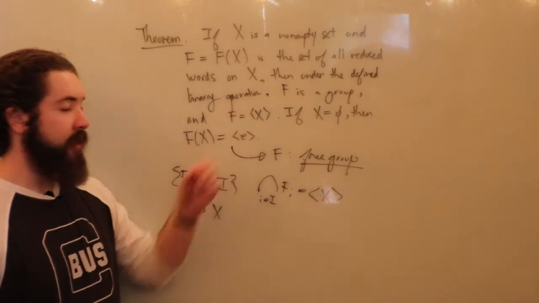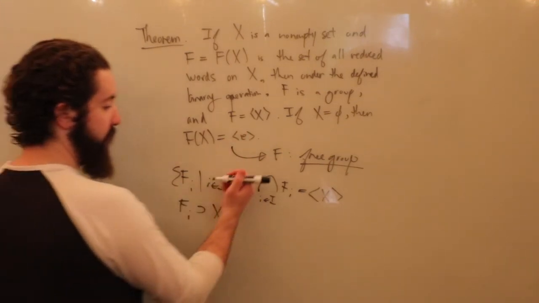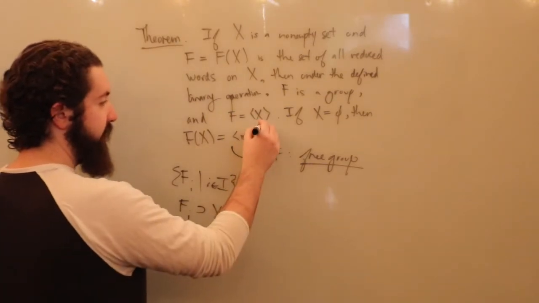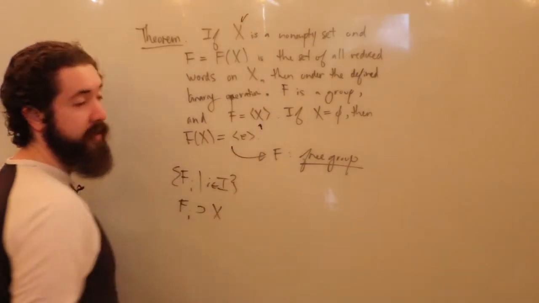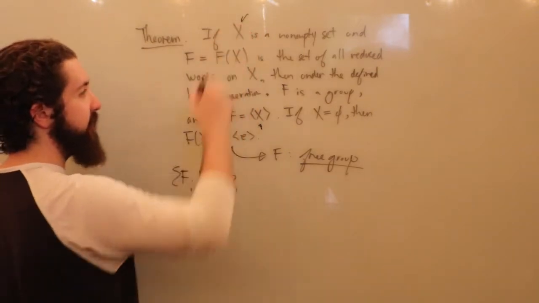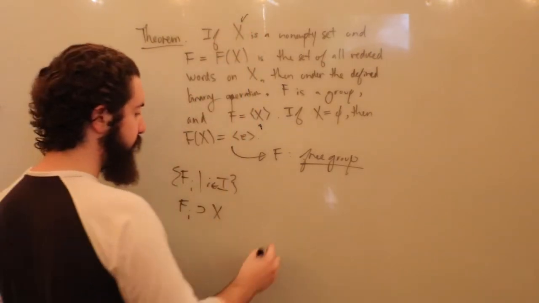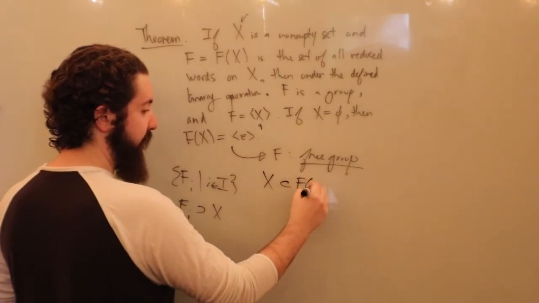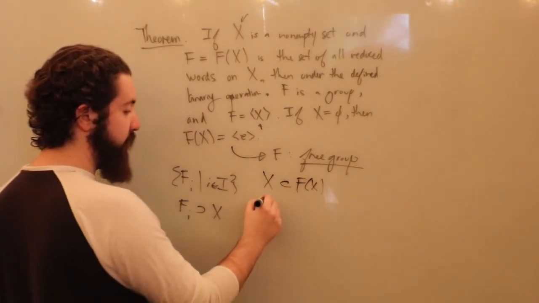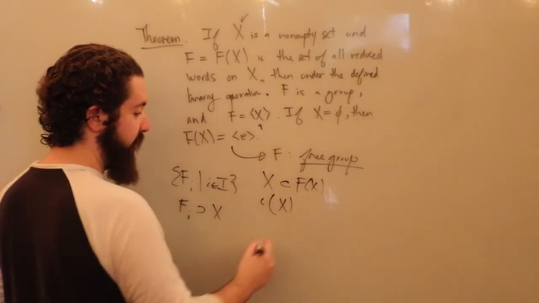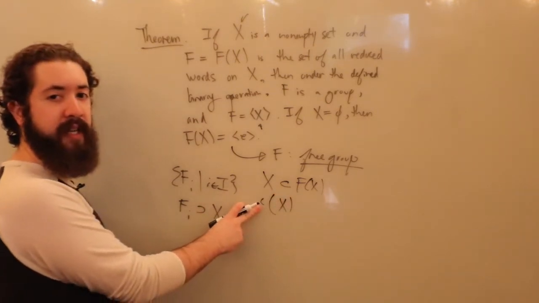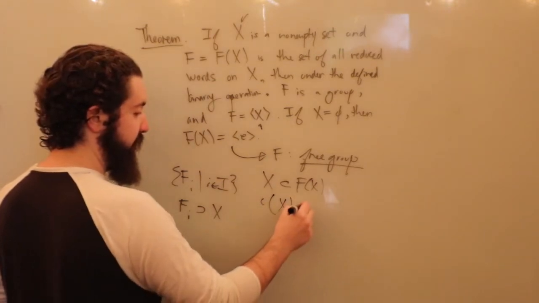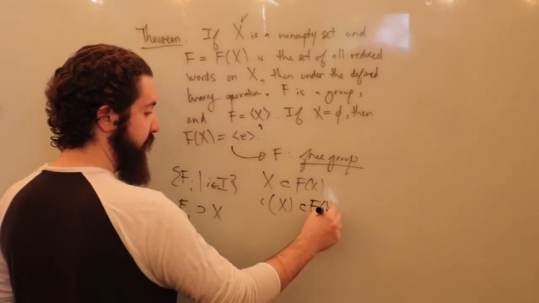So this is a good point to make now, that X in this context is different from X in that context, right? In this context, X is just a set. Whereas when we talk about X in F(X), we are talking about the inclusion iota of X. I'll use iota today to denote the inclusion map, which is actually in the free group, right?